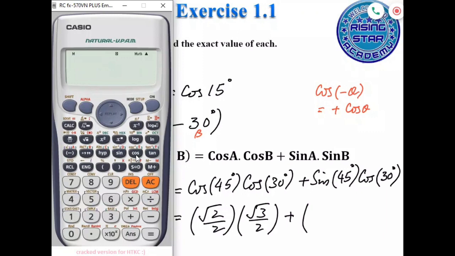Now sine 45, that is again square root 2 over 2, and then sine 30, so that would be 1 over 2.